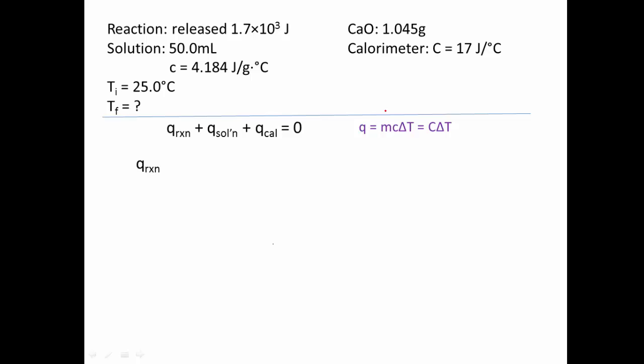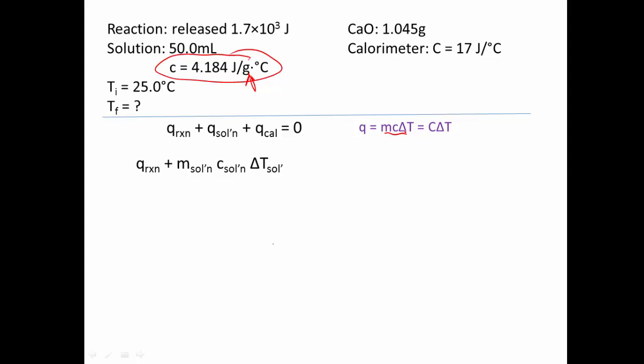Our next Q term, Q of solution, we are going to substitute in. Let's look at the constant value given for our solution. Notice that we have grams in that constant unit, so we are going to be using MC delta T. So for our solution, we have MC and delta T of the solution.